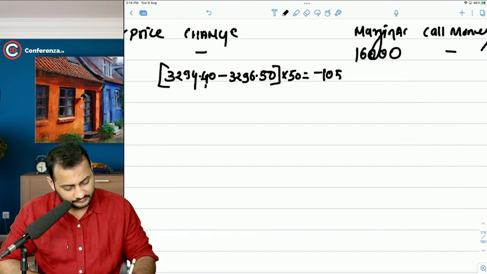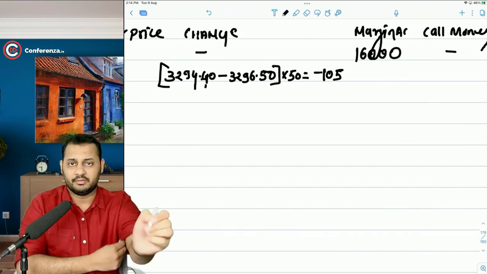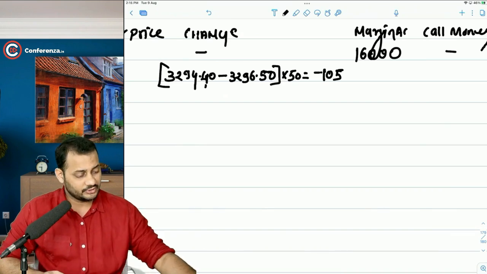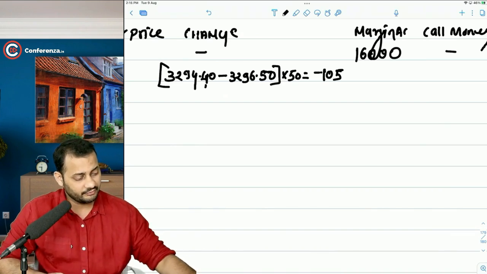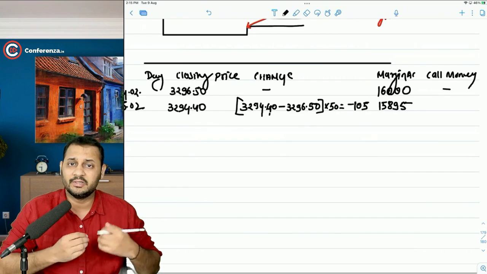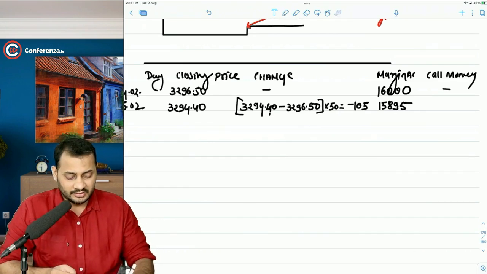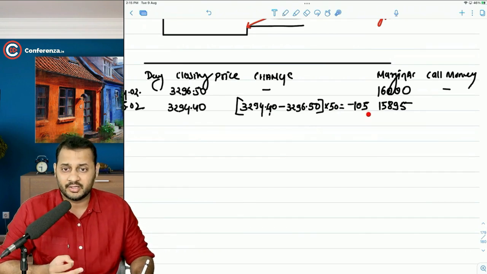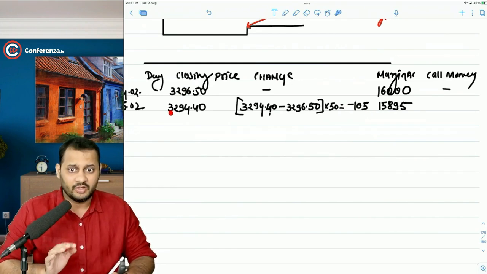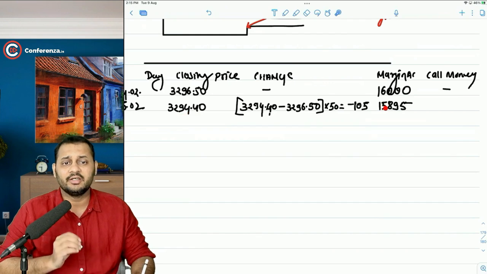Am I right? What will happen? Obviously, on the very next day, if there is a loss of 105 rupees, the stock exchange will deduct that 105 from your account, and your margin account will look like this: 15,895. So the loss has been adjusted in your account. This process is called mark to market. The very next day, the exchange has settled your account. Whatever the loss was, they have settled it in your margin account.